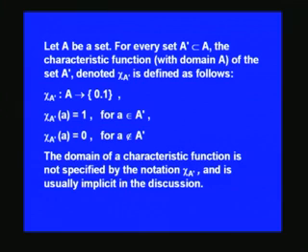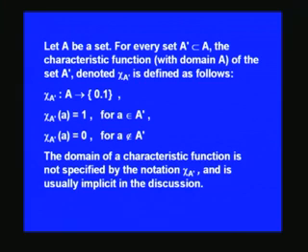Now what is a characteristic function? Let A be a set. For every set A dash contained in A, the characteristic function with domain A of the set A dash, denoted by chi A dash, is defined as follows. It is a map from A to the set {0, 1}, that is, every element in A will be mapped onto 0 or 1.